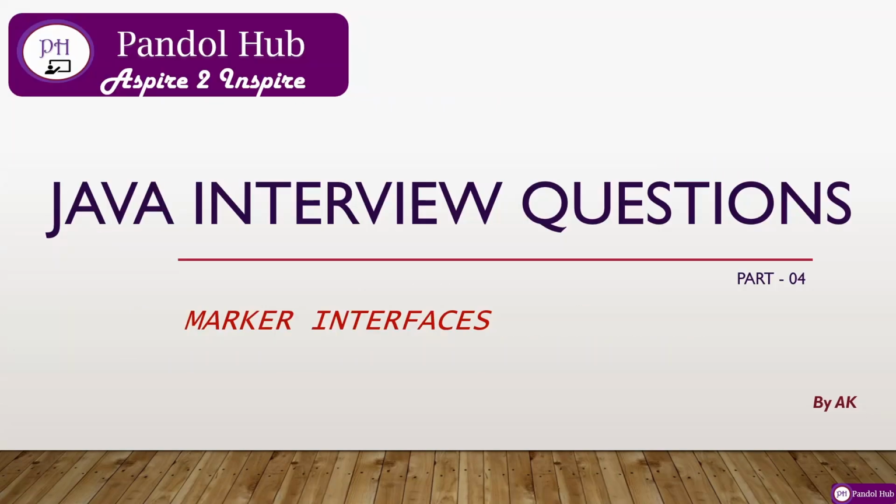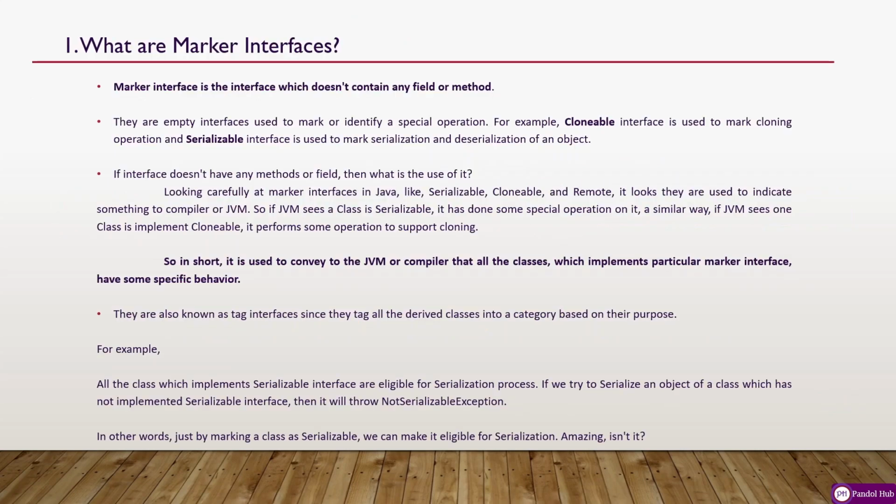For example, all the classes which implement the Serializable interface are eligible for the serialization process. If we try to serialize an object of a class which has not implemented the Serializable interface, then it will throw a NotSerializableException. So in other words, just by marking a class Serializable, we can make it eligible for serialization.